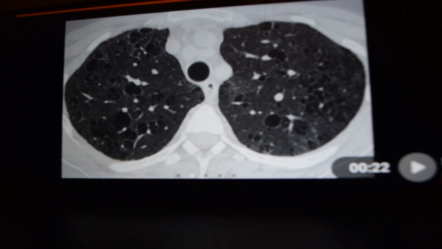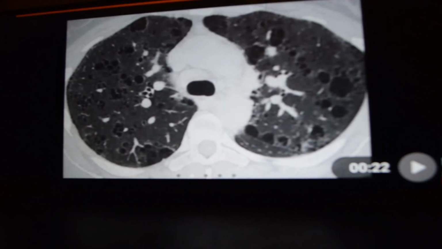Cysts are there as focal regions of low attenuation with perceptible well delineated walls, and emphysematous spaces and bullae usually have an imperceptible wall and occasionally central vessels. You can see a bright dot in between these cysts representing the vessel. The bronchiectasis cysts display the signet ring due to the accompanying artery in their wall.